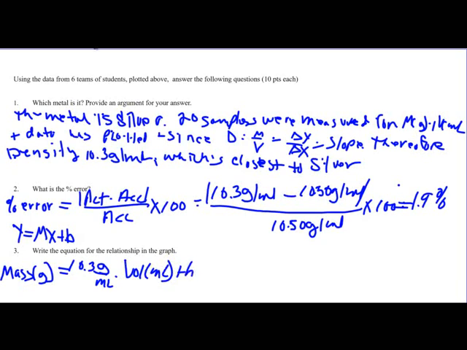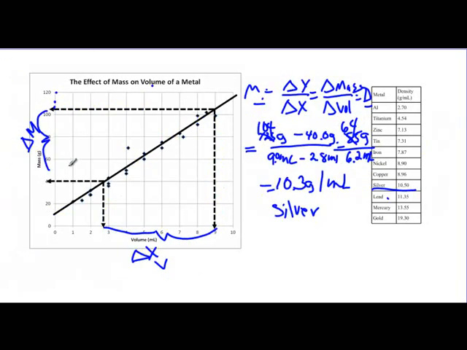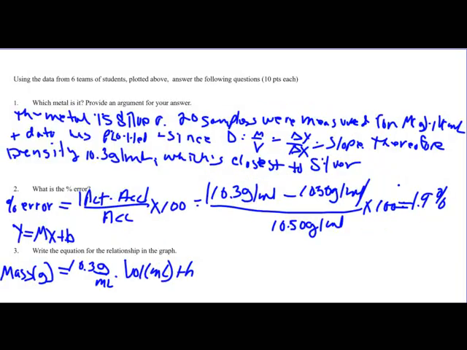Now let's go back and try to read b off the graph. So b is this point where the line crosses the y-axis, and that looks like 10 grams.